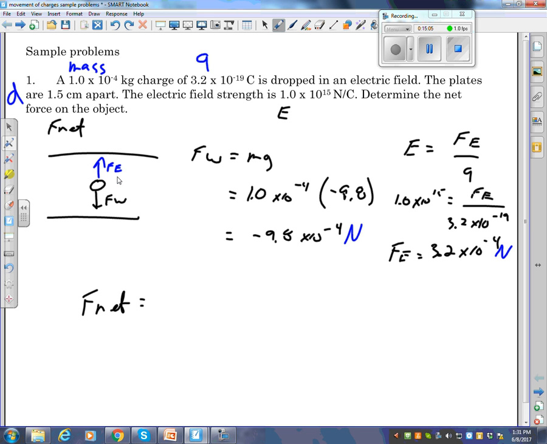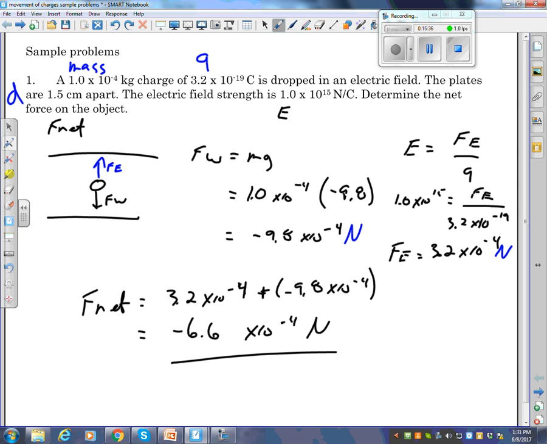So we've got, now nobody likes to have the negative out front, so we're going to put 3.2 times 10 to the minus 4, and we're going to subtract, actually no, we're not. We're going to add a negative. And so you get a net force of minus 6.6 times 10 to the minus 4 newtons.